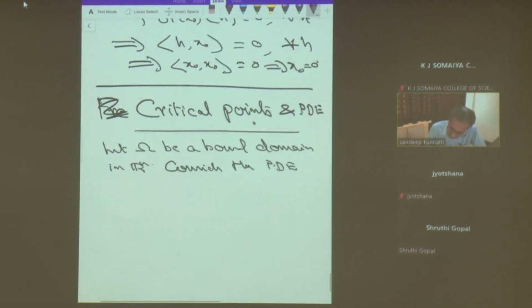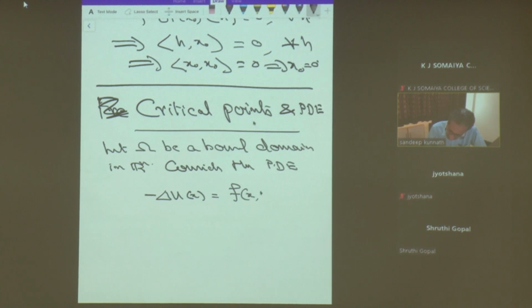I wanted to consider minus Laplacian of u at x is equal to, I'm going to write something like an f of x, u of x.